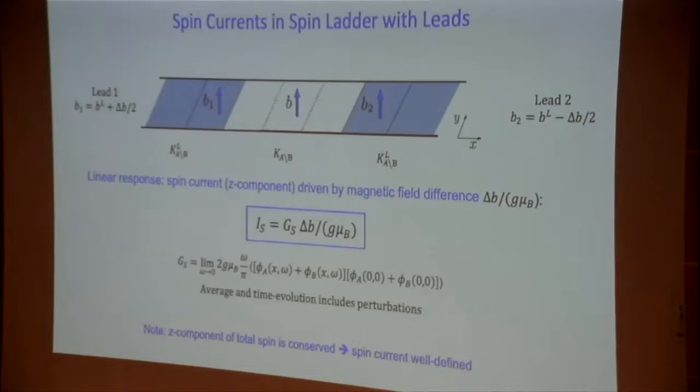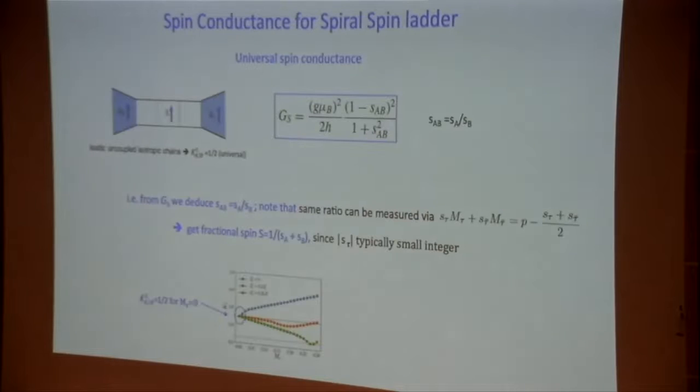Now we can also consider this for these spin ladders, for this helical or spiral spin ladder, and calculate this conductance, and I'll just quickly show the result here. Indeed one gets a very nice expression in terms of these numbers which occur in the fractional spin. It's actually the ratio of these two numbers, SA/SB.